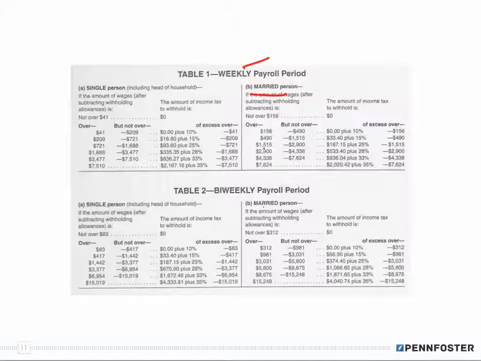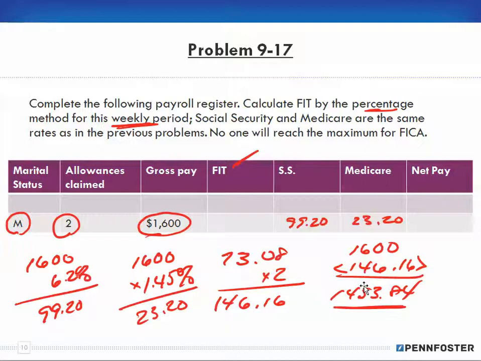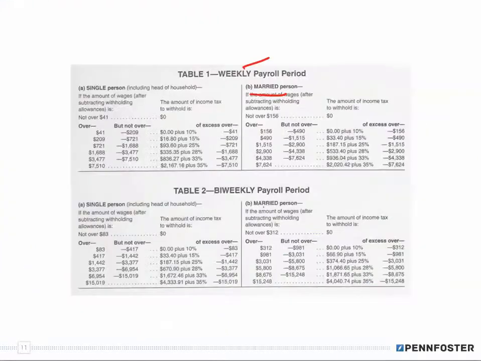So I need to take, well, actually 1453.84. Let me do the math over here so we stay on the same page. 1453.84, and we're going to subtract the $490 because we want to figure out how much over the $490 there is, and that amount is $963.84.